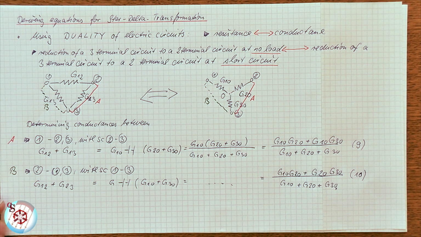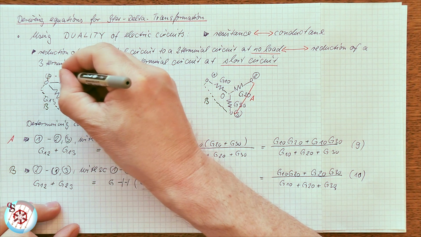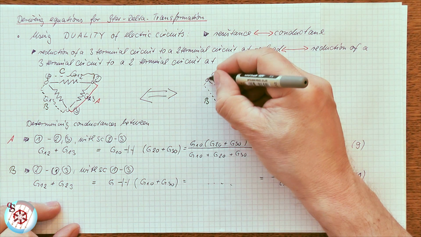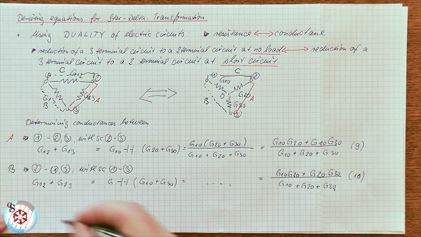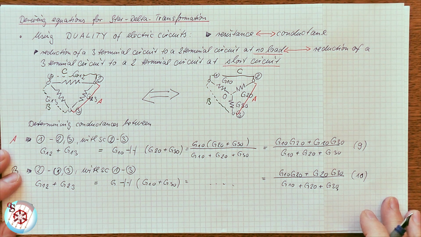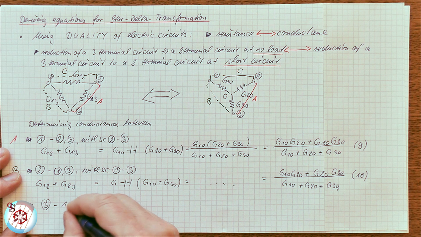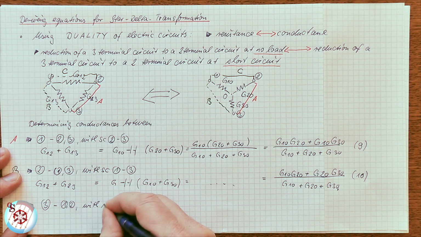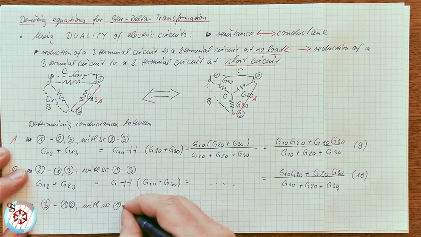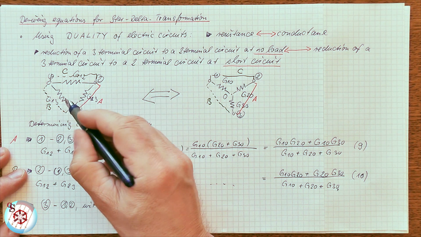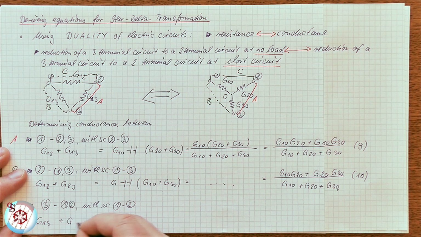So the final one is we put a short circuit between 1 and 2. That's also C. And for C, the conductance is between 3 and short-circuited 1 and 2, and we get G13 plus G23.